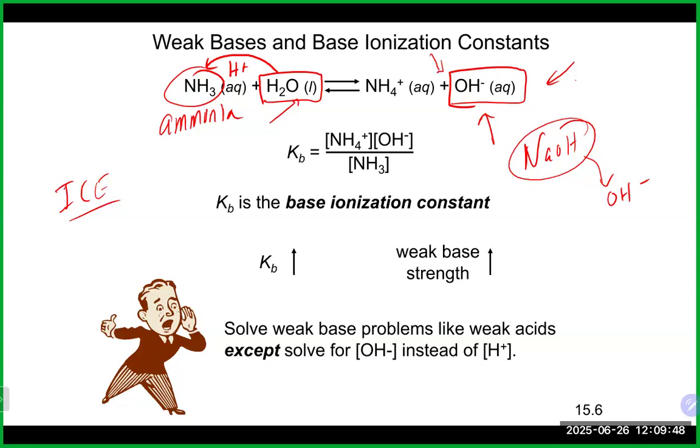So when you solve for X in your ICE table, that is actually the hydroxide concentration, which, as you hopefully remember at this point, will get you directly to the pOH, then subtract from 14 and get yourself to the pH. A really common mistake that people make is they solve it and they really don't know what's going on, and they try to fake it, and they get their X value and figure, oh, that must just be the H plus, and go right into the pH. Obviously, in this case, that would give you the wrong answer, as that is the hydroxide concentration.